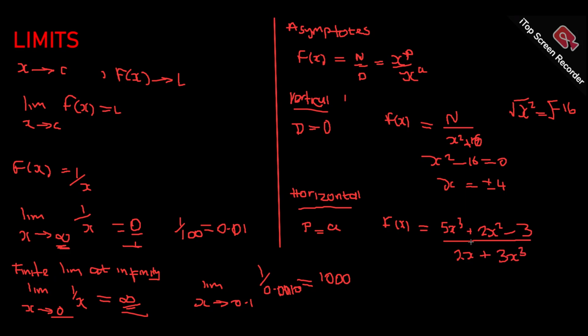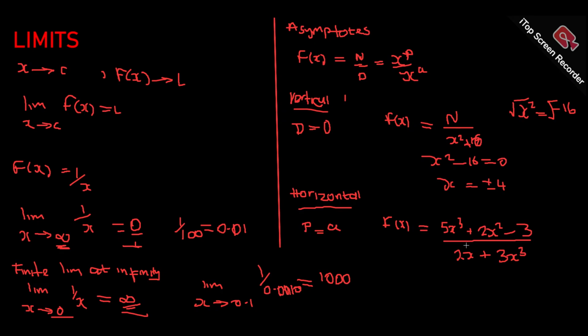Okay, so the highest power, that is the power of the highest degree, that is the power of x in this case. We have seen that 2 is not the highest power because we also have x raised to the power 3. So 3 in this case is the highest power. And we can see that the denominator also has the highest power, which is 3. So in this case, there is a horizontal asymptote.